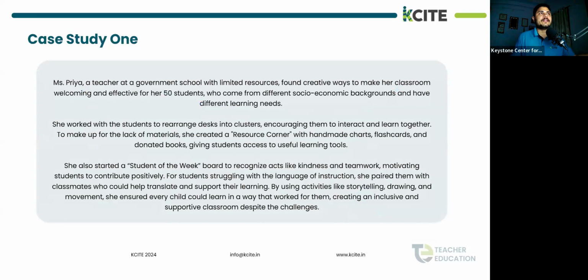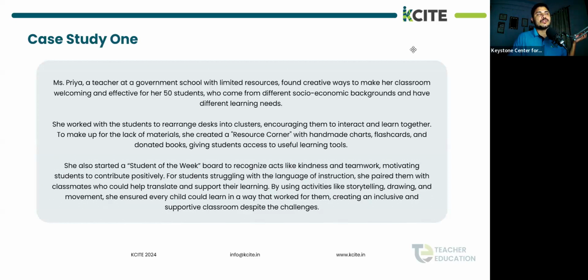Miss Priya, a teacher at a government school with limited resources, no proper resources, found creative ways to make her classroom welcoming and effective for her 50 students, not just 30, 35, 40, but 50 students who come from different socio-economic backgrounds and have different learning needs.